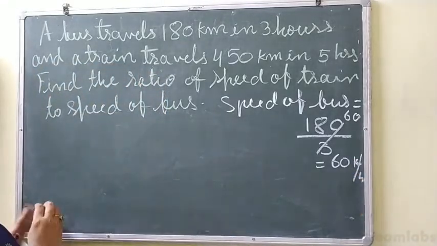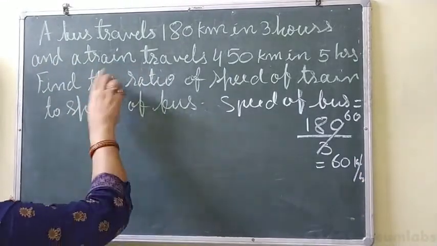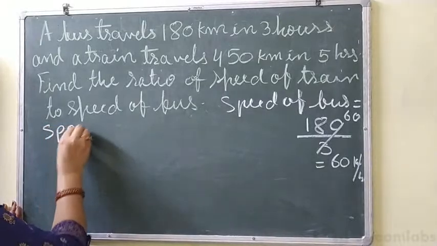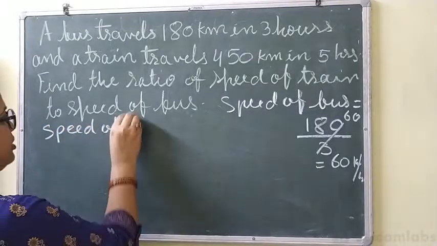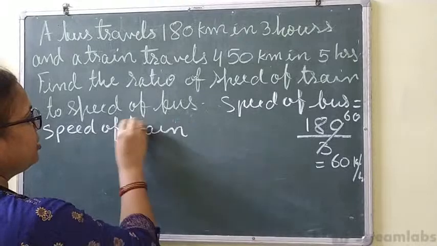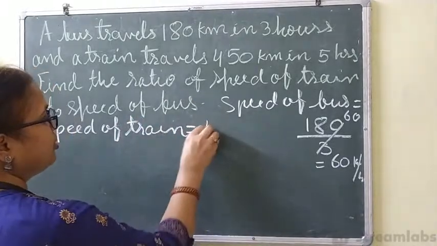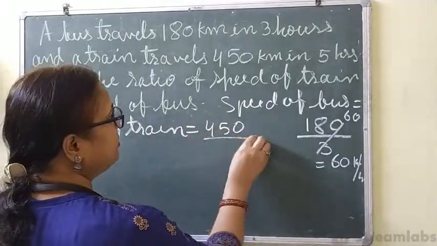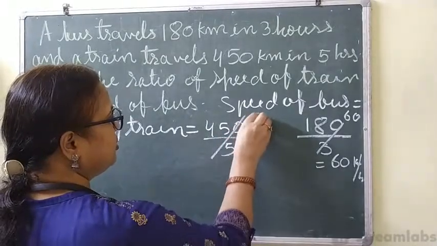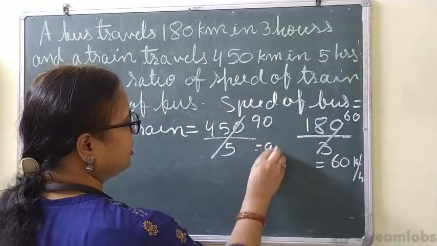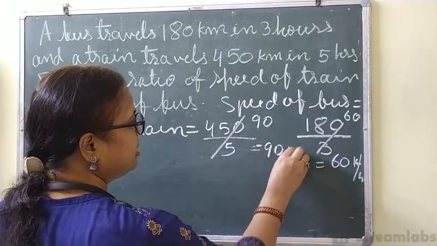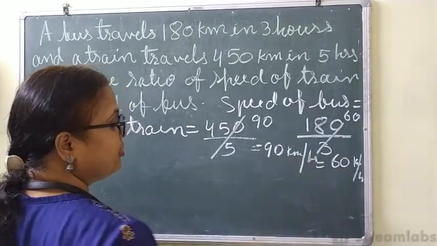This is the speed of bus. Then the speed of a train will be 450 divided by 5, which is equal to 90 kilometer per hour.